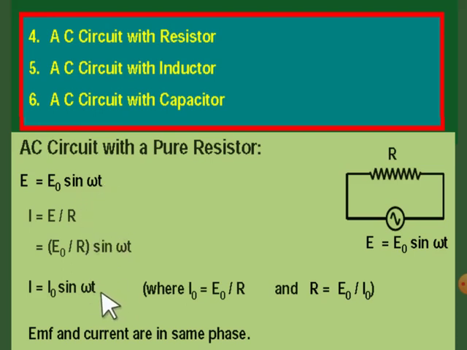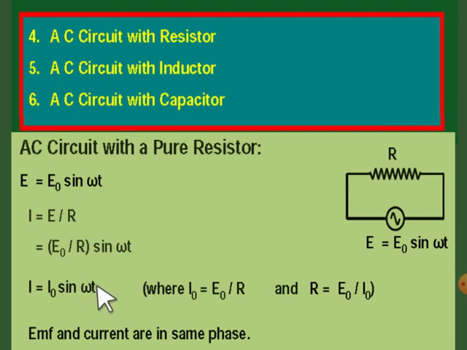in phase. If there is some additional term here, such as plus pi by 2 or minus pi by 2, or whatever else, minus phi, then by observing that phase, we call this omega t the phase. So by observing the phase in both equations, we have to judge whether E advances or I advances.